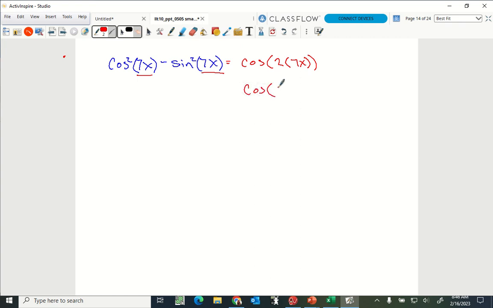Cosine of 14x. So this is one that I'm working backwards. Questions, concerns, complaints? Should I write that down? Okay. Are you going to forget about it later?